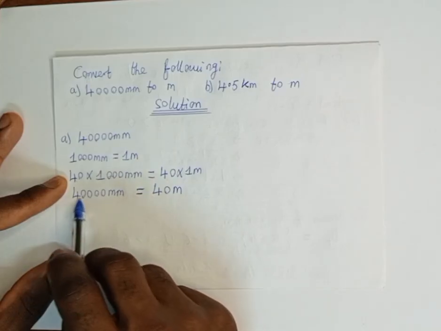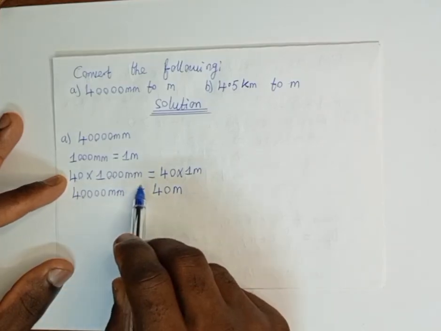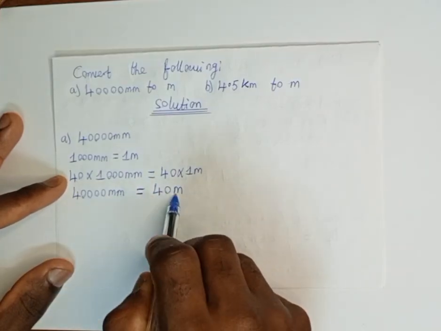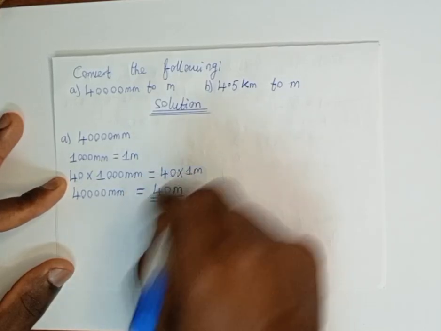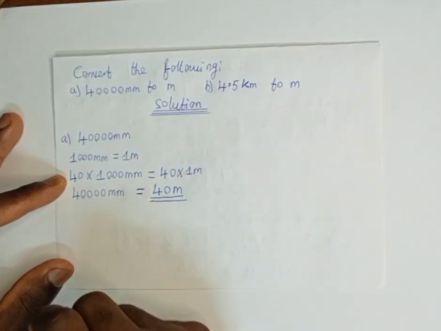Therefore, 40,000 millimeters is simply equal to 40 meters. We underline the answer. We move now to the next question.